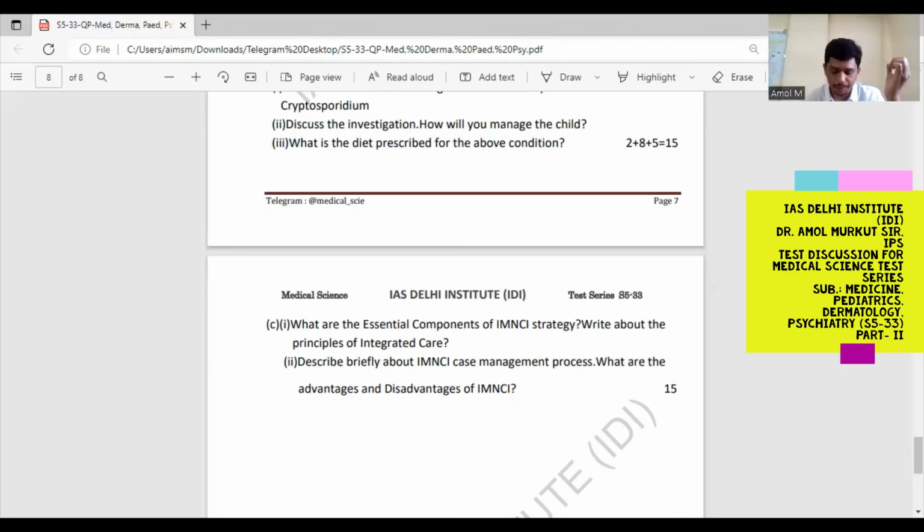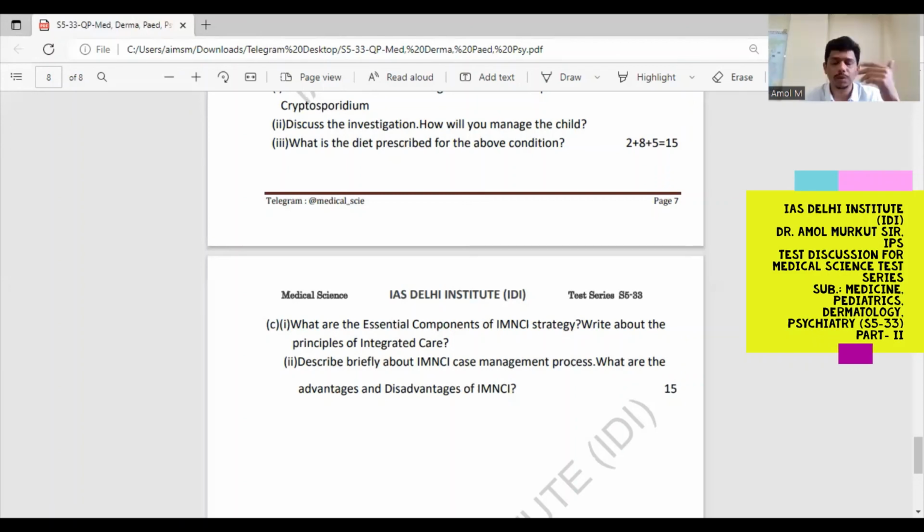Describe briefly the IMNCI case management process. What are the advantages and disadvantages of IMNCI? Case management process, simple things. First, analyze the child for any danger signs, nutritional status, immunization status, treat the existing condition, refer if there are warning signs, and counsel the parents.